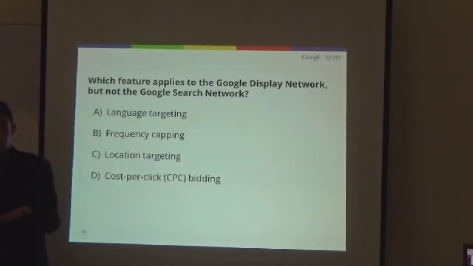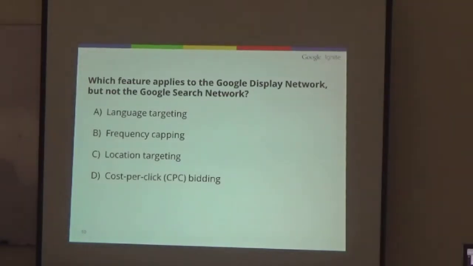Yes. In display? Yes also. So A is false. How about B, frequency capping? How about C, location? No, location, we can use location targeting in the search network, yes? And in GDN, we can also use location targeting.